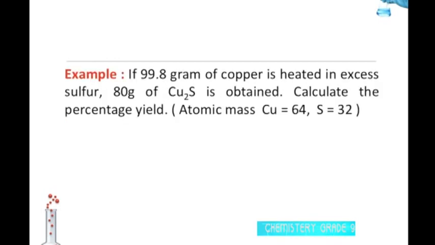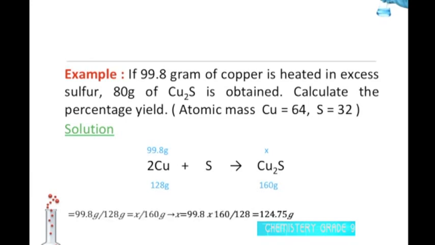For example, if 99.8 grams of copper are heated in excess sulfur, 80 grams of copper sulfide is obtained. Calculate the percentage yield, noting that copper has an atomic mass of 64 and sulfur has an atomic mass of 32. First, we set up the proportion after writing the balanced chemical equation.